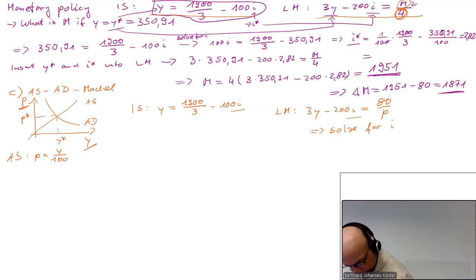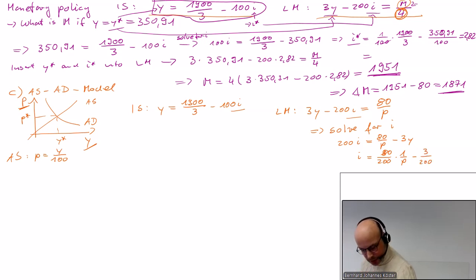Then we obtain 200 I equals 80 over P minus 3 times Y. So I is 1 over 200, or 80 over 200, 1 over P minus 3 over 200.